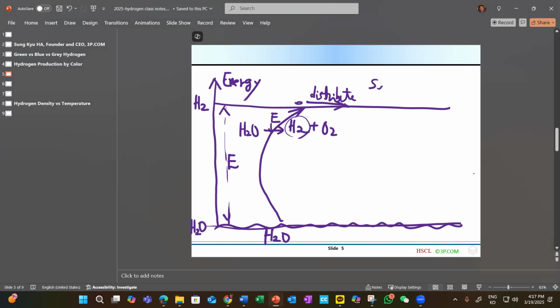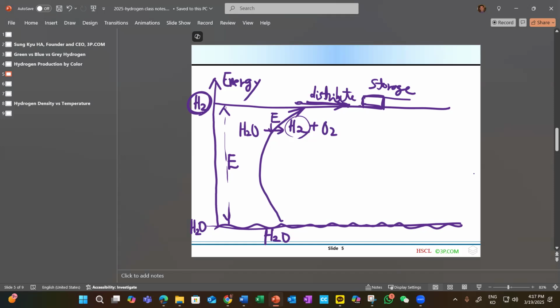And sometimes you need a storage system so it can be stored. But the big advantage of H2 is that this H2 energy level, whether it is distributed from A to B or stored over time, does not change much. Not like the battery. Battery, whenever they store over time, the energy level decays.